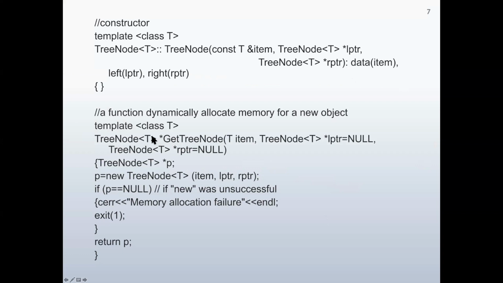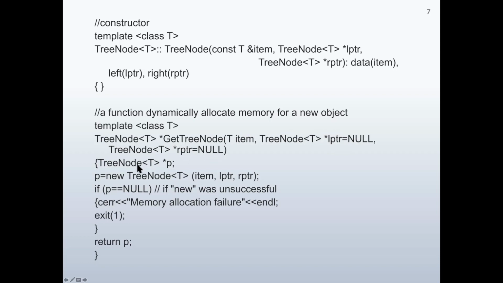It returns a pointer to tree node of type T, and we have three parameters which are item of type T, LPTR, pointer to tree node, default value is null, and RPTR, a pointer to tree node, again default value is null.